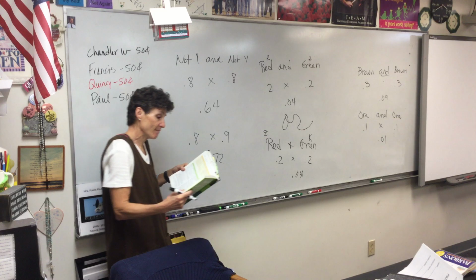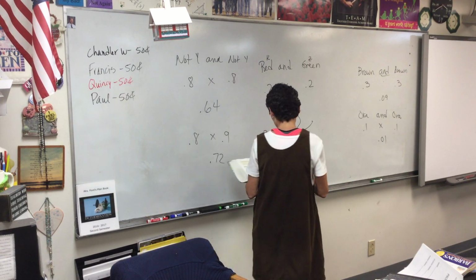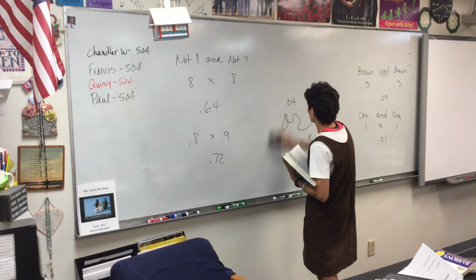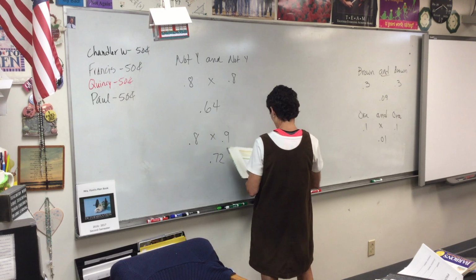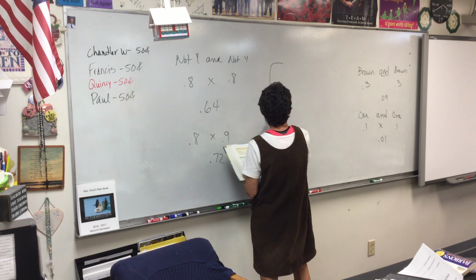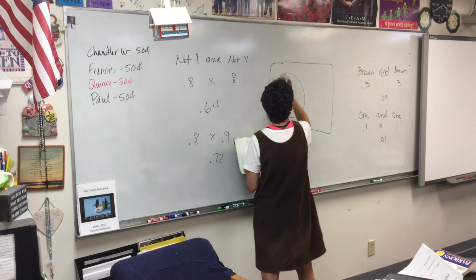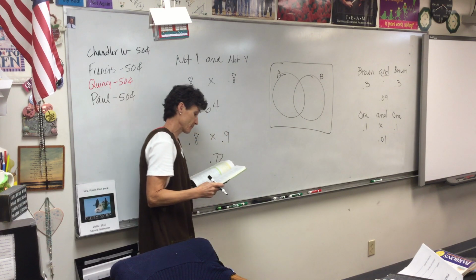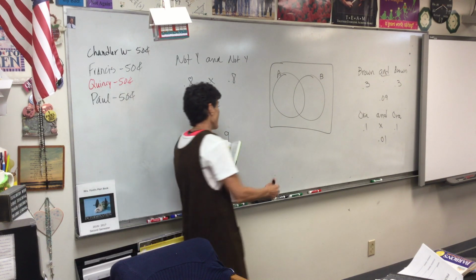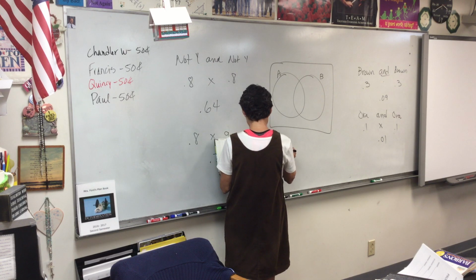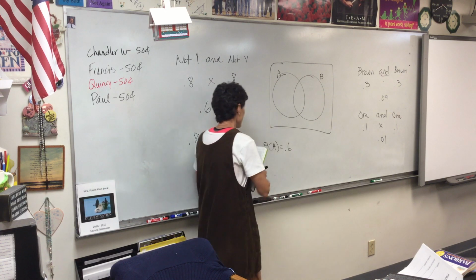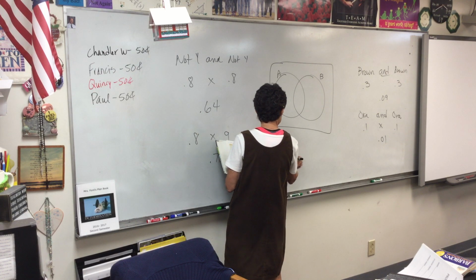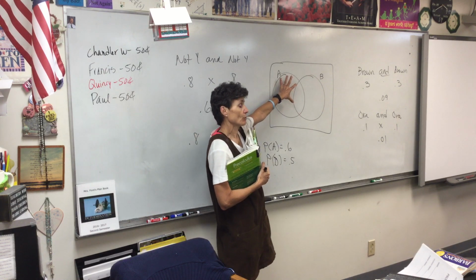Look at number 27, a Venn diagram probability. So I have a Venn diagram, and I've got two things happening, A and B. I can't remember if we talked about this notation or not, but it means the probability of A. So the A circle is 0.6.